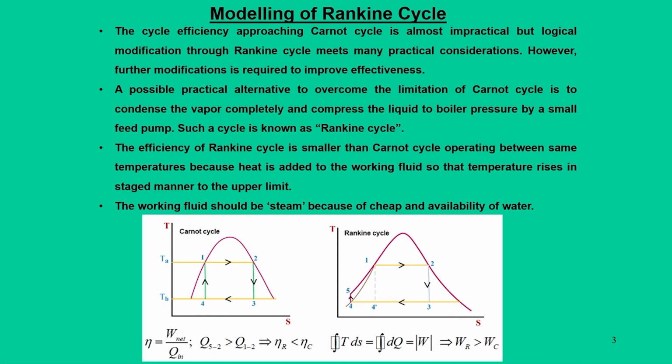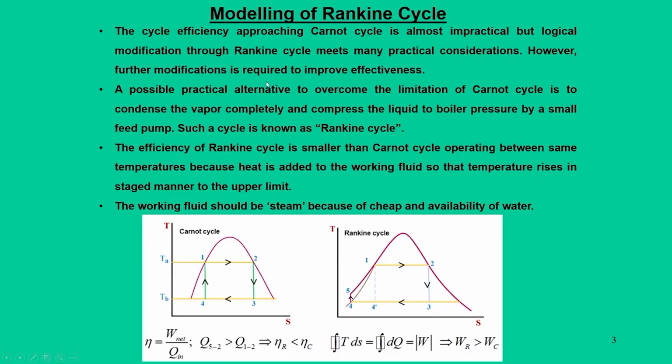In our previous lectures, I emphasized the Carnot cycle, and there we summarized that the Carnot cycle is not possible to implement in practical aspects. So, the cycle needs to be modified so that its practical utility is ensured.